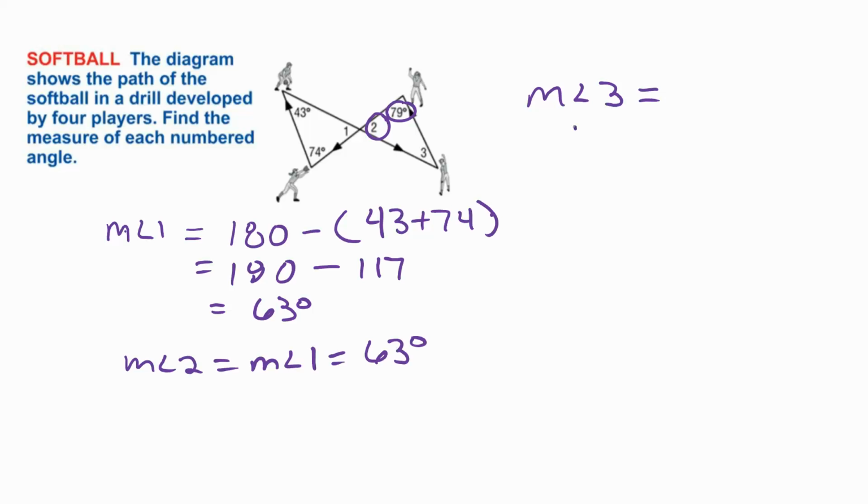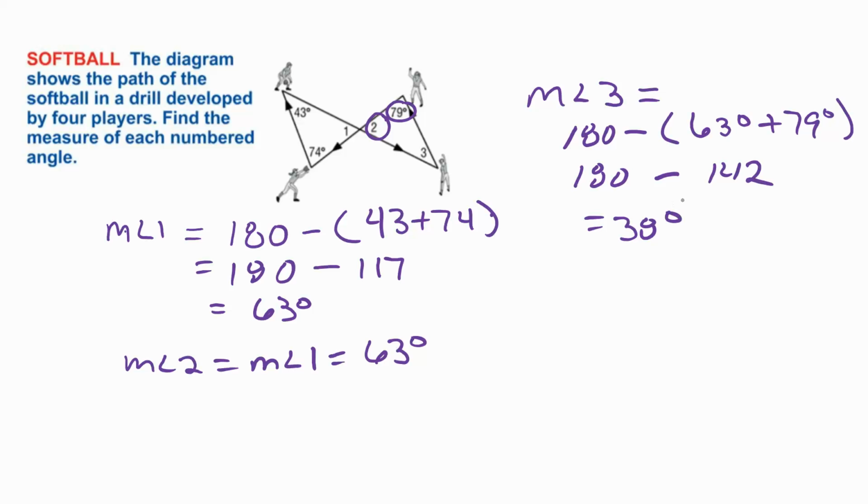So the measure of angle 3 is 180 minus the sum of angle 2, which is 63 degrees, and 79. So that's 180 minus 142, which is 38 degrees. So I have the measures of all three angles.